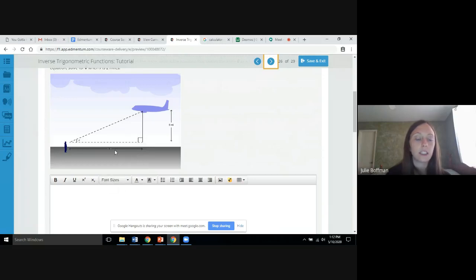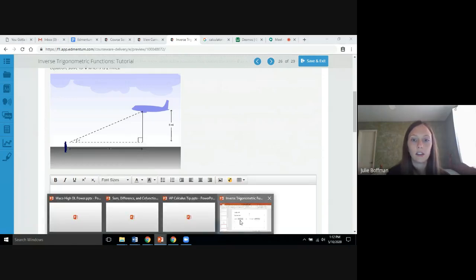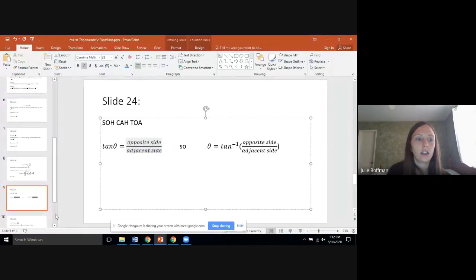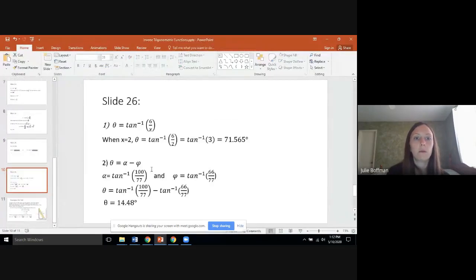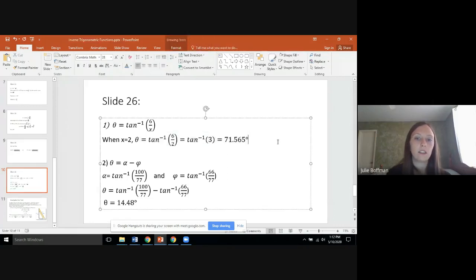And opposite over adjacent is tangent. So we would want to pick inverse tangent of opposite over adjacent. And then when x is 2, adjacent is 2, and you could type that in your calculator. And if you type that in, you should get 71.565 degrees.